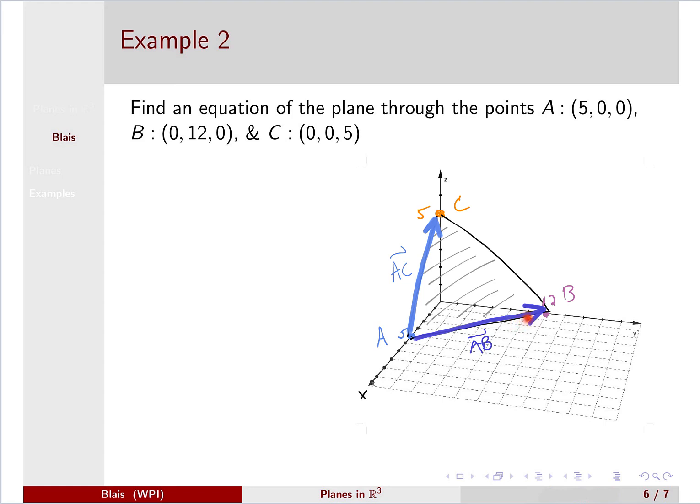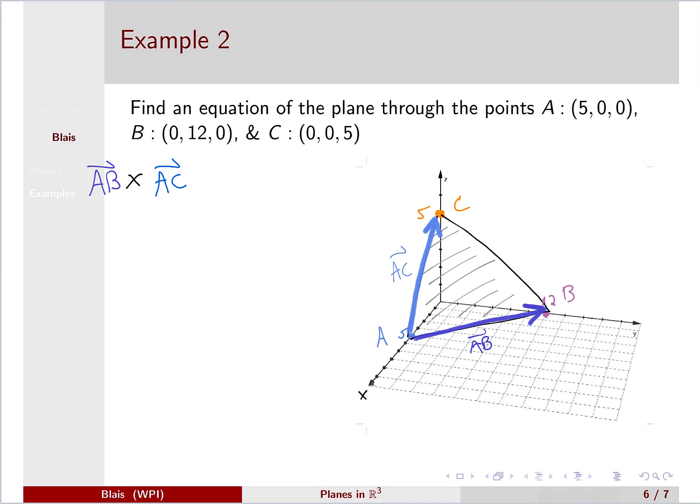But recall a very nice result about the cross product. If we take the cross product of these two vectors, namely AB cross AC, the cross product of two vectors is perpendicular to both of those vectors, which means the cross product of these two vectors is perpendicular to this plane.